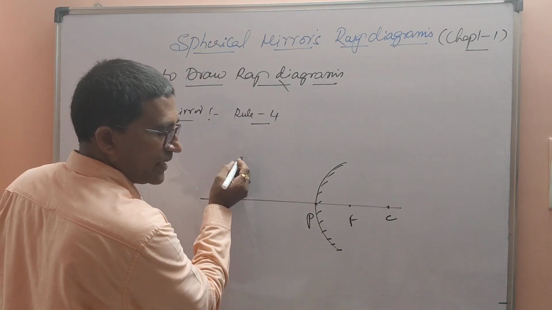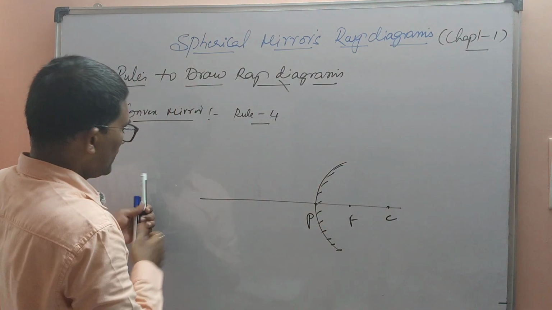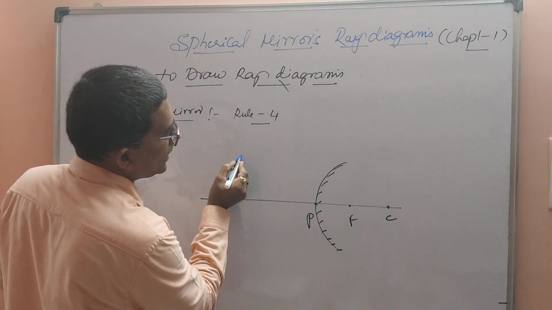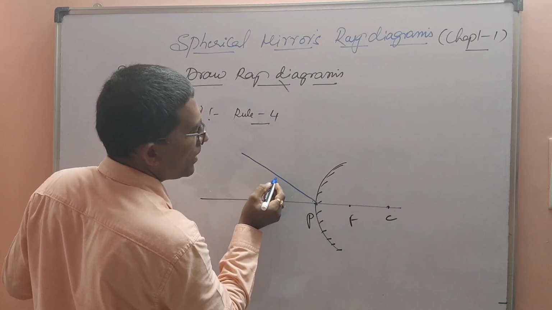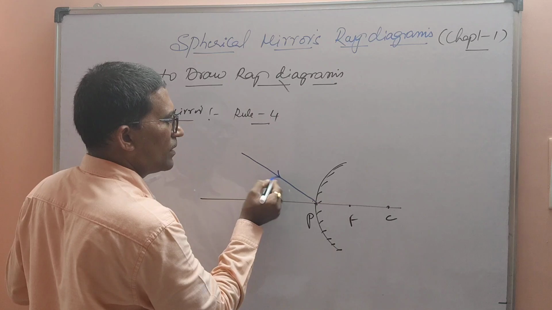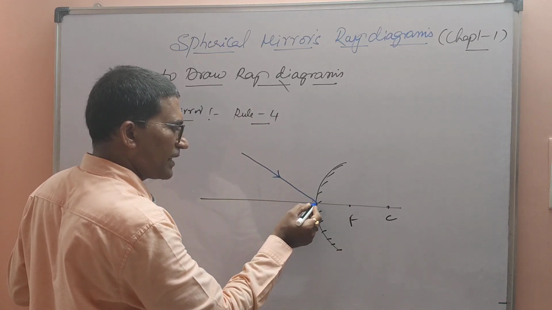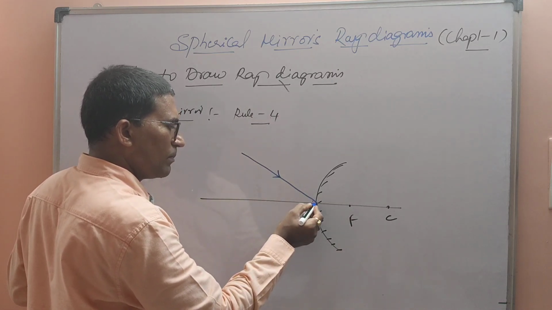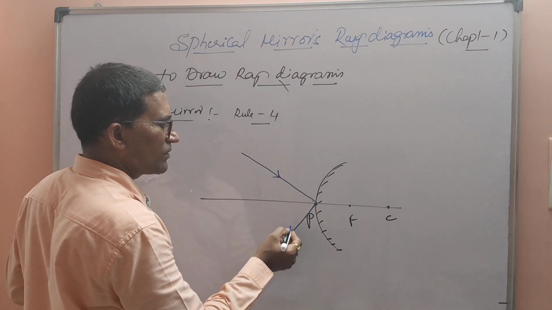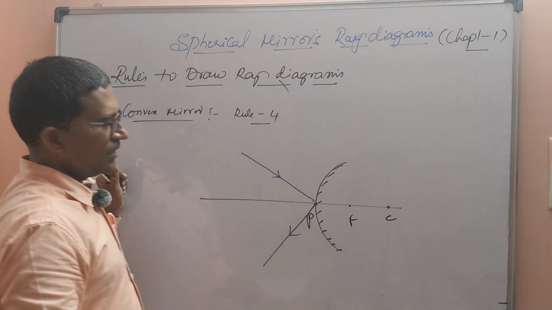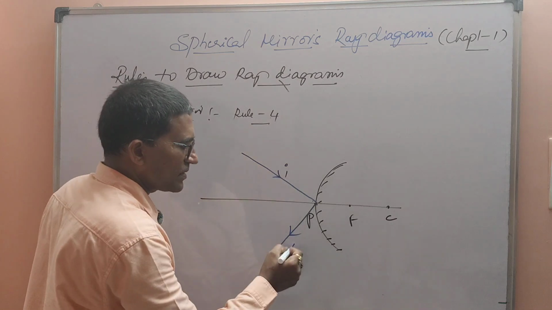If the incident ray is passed with a certain angle obliquely onto the pole of the convex mirror, the reflected ray bounces back with the same angle from the other side of the principal axis. This is the incident ray, this is the reflected ray.